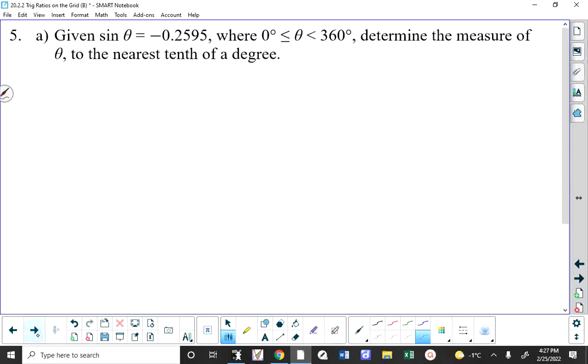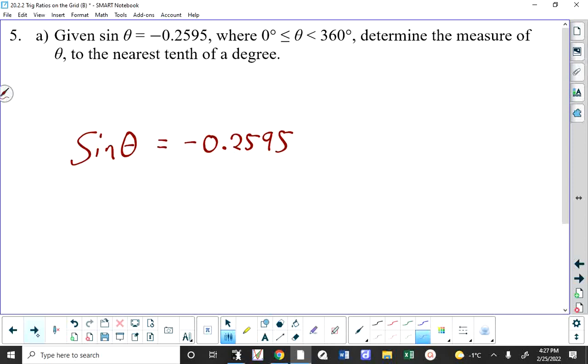Let's take a look at the remaining examples, which are going to be examples 5 and 6. And what we're doing in questions 5 and 6 is we're really solving an equation. We have this equation, sine of theta is equal to -0.2595. And what we want to do is find theta.